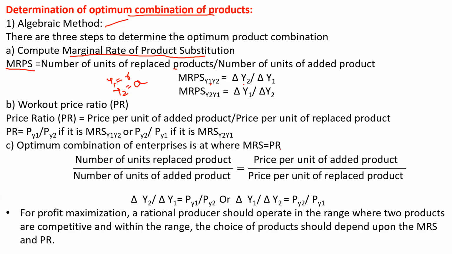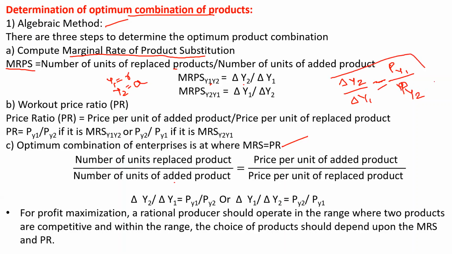Now optimum combination is where MRPS is equal to price ratio, that is number of units of replaced product divided by number of units of added product is equal to price per unit of added product divided by price per unit of replaced product. That is nothing but delta y2 divided by delta y1 is equal to price of y1 divided by price of y2.